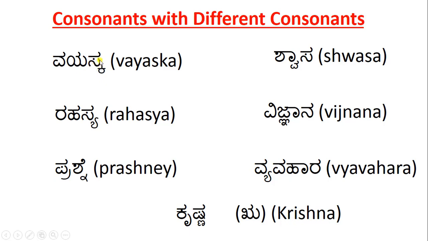This is sa, and for sa we have added the symbol of ka. So the pronunciation would be vayaska.